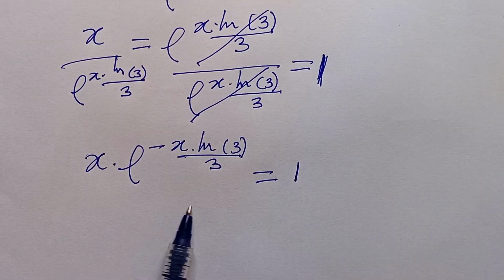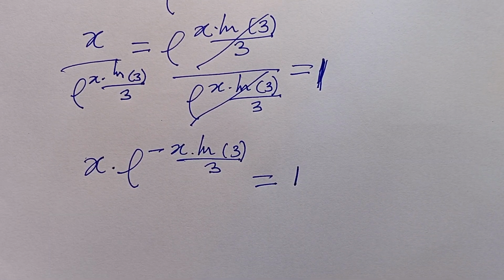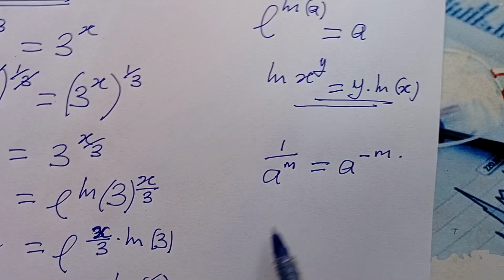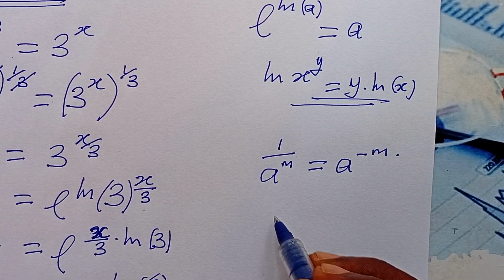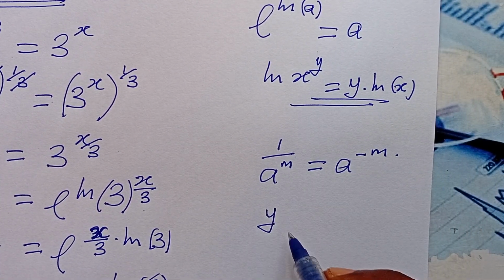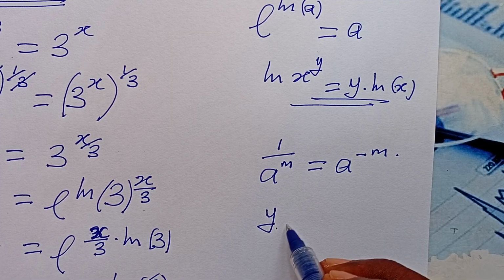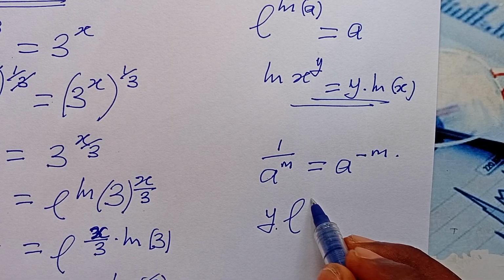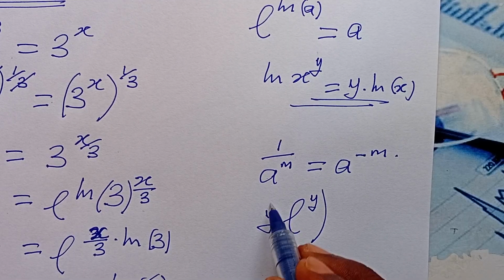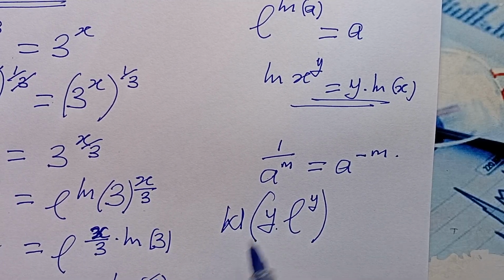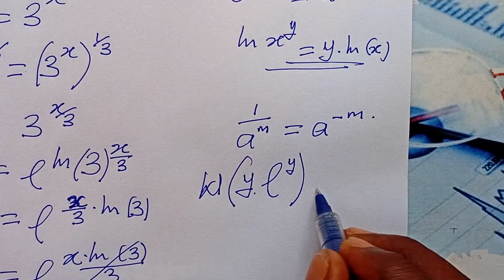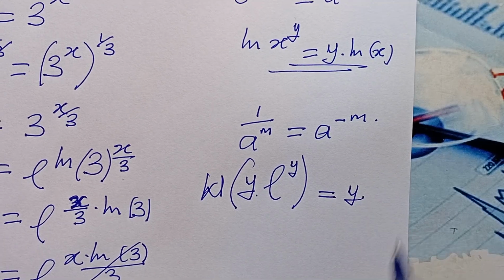Now with what we have here, we want to apply the Lambert W function, which says that if you have y times e raised to the power of y, and you decide to take the product log or the Lambert W function, this is going to give you y.